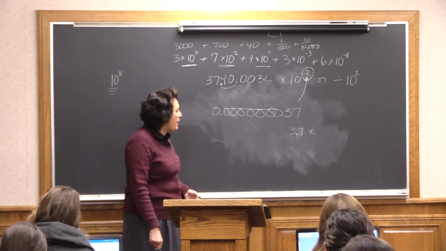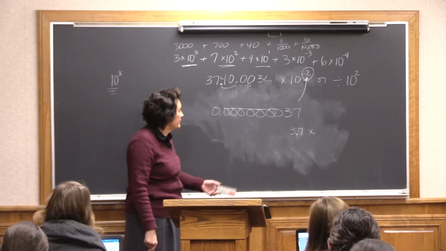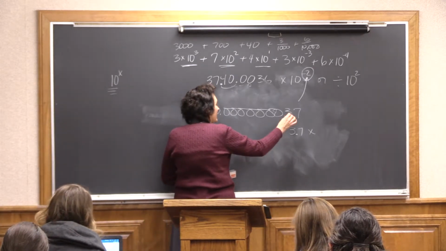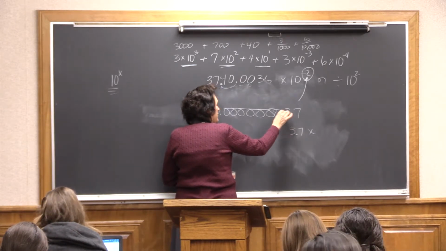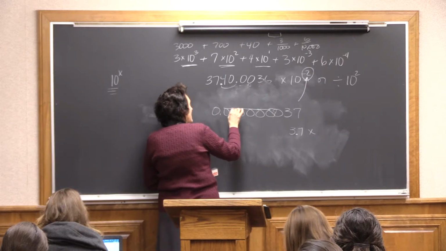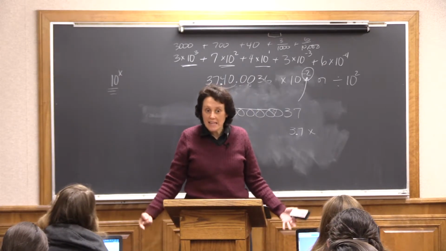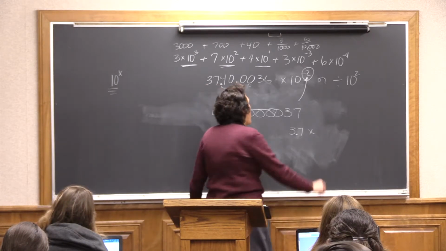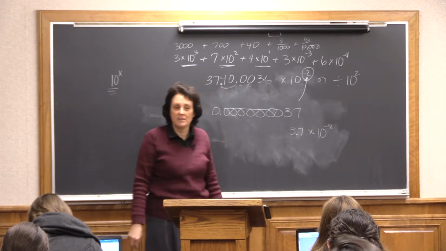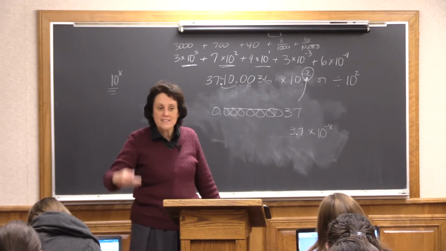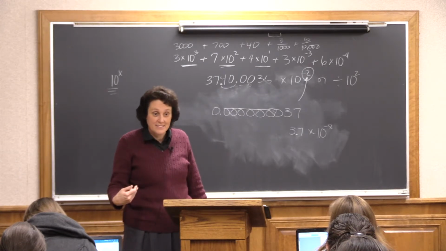Where is this decimal? We moved it here, so the decimal is actually 1, 2, 3, 4, 5, 6, 7, 8 places to its left. So I have to use a negative exponent. Left is always negative, right is always positive.